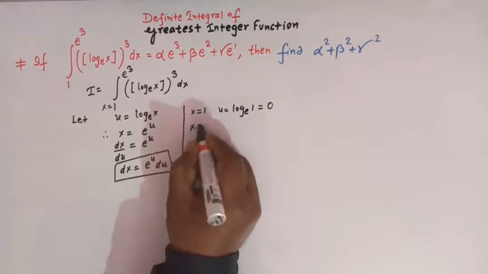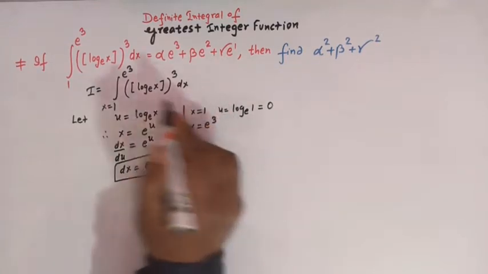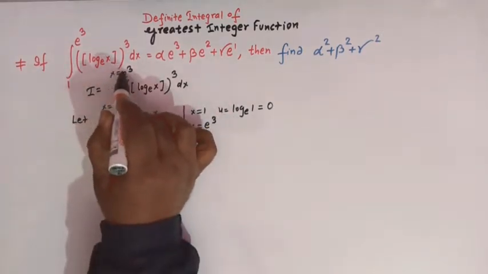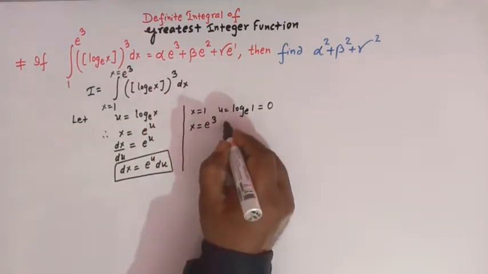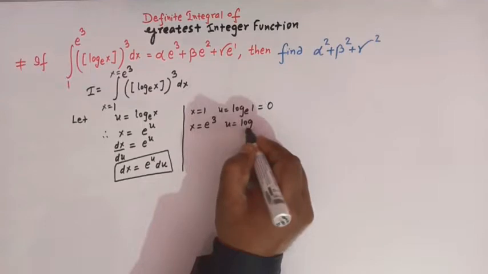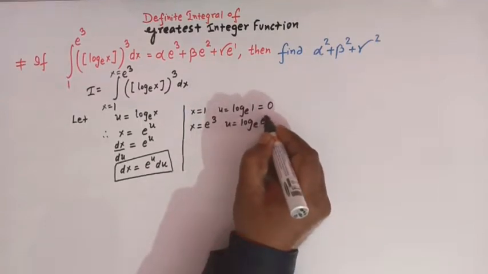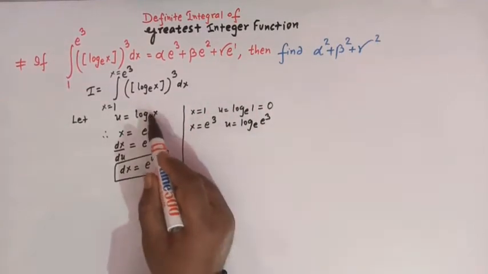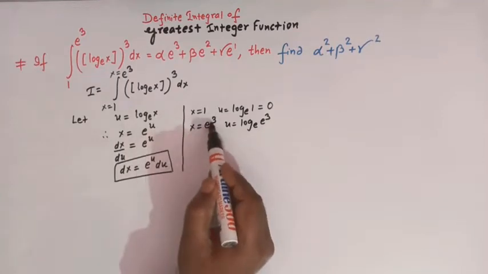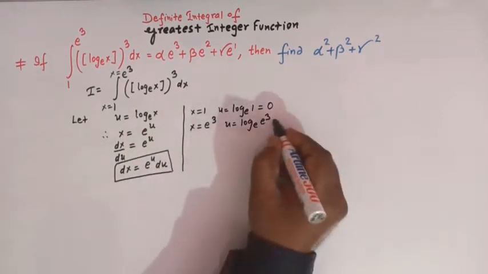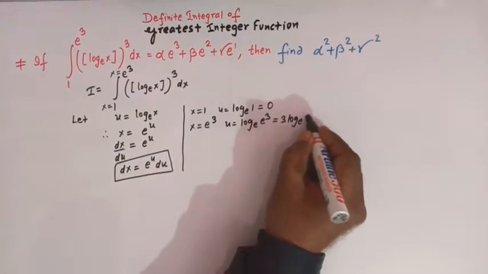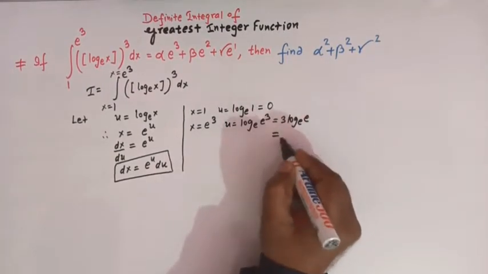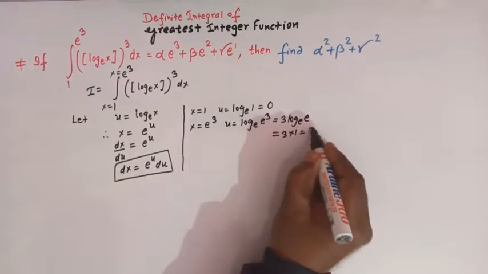And when x is e cube, which is the upper limit, u is equal to log e cube, which is 3 log e, which is 3 times 1 is equal to 3.